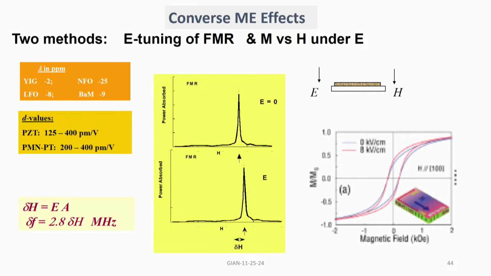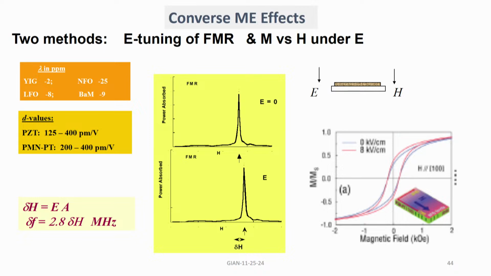The other is you can measure magnetization versus static field, M versus H, the traditional hysteresis, then apply an electric field, look for change in the magnetization because of that. Okay. Now this one is what I am talking about, ferromagnetic resonance under electric field, and this is M versus H under an electric field. Now, you can do either one.